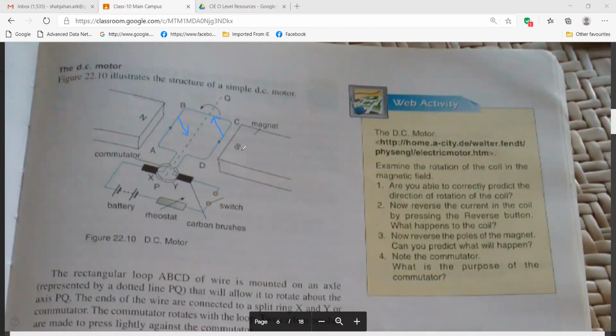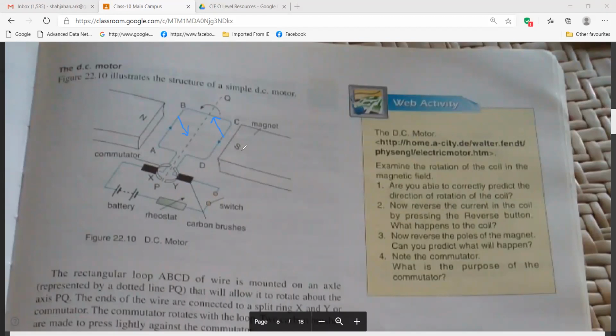Sir, can you explain the previous thing, how do you understand that CD is actually going upwards and AB is going downwards? Okay, no problem. We know Fleming's left hand rule, right? The index finger is showing us magnetic field direction.